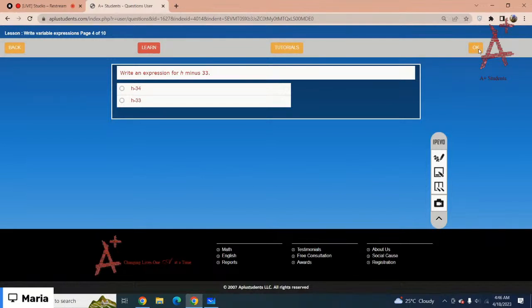Okay, write an expression for h minus 33. So which is the correct option? Option 1 or option 2? It would be option number 2, h minus 33.